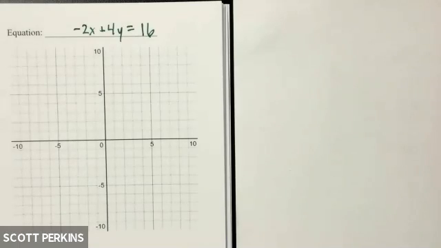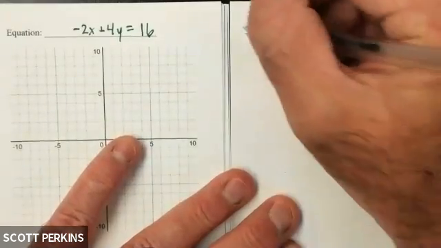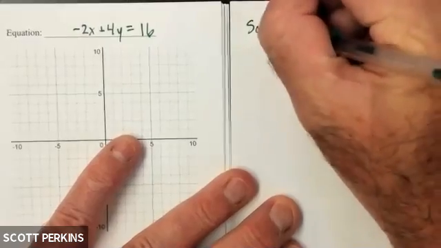Well, before I can tell what the slope and the y-intercept are, please do not say on this one the slope is negative 2. I know I said the slope is always the number in front of the x, but the key caveat there is you have to solve for y. So before you can do anything with this line, we have to solve it for y.